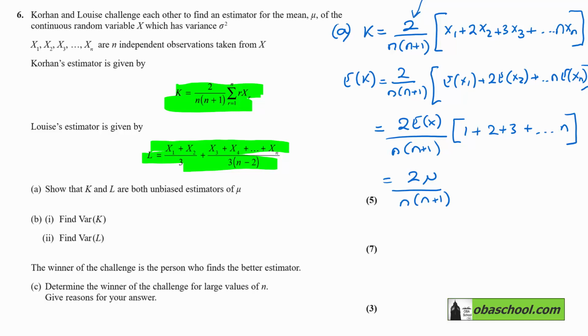In the bracket there, what we have is the sum of an arithmetic series with a equal to 1 and d equal to 1. And so we can say that that would be n divided by 2 into 2 times a, so that's 2, plus n minus 1 d.